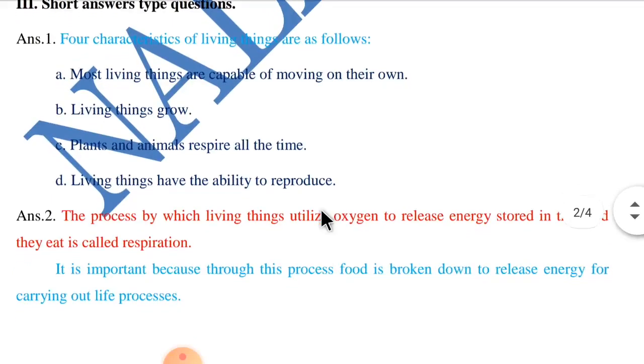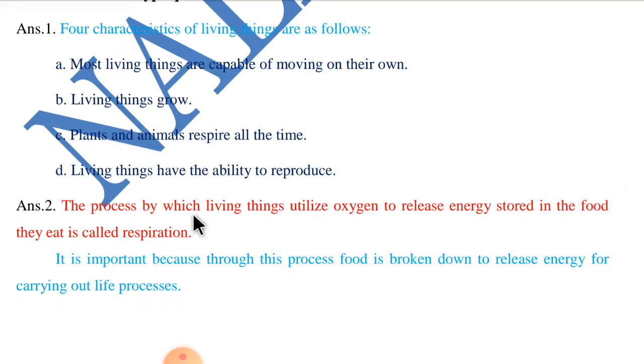Now let's see the next question: define respiration and why is it important? The process by which living things utilize oxygen to release energy stored in the food they eat is called respiration.